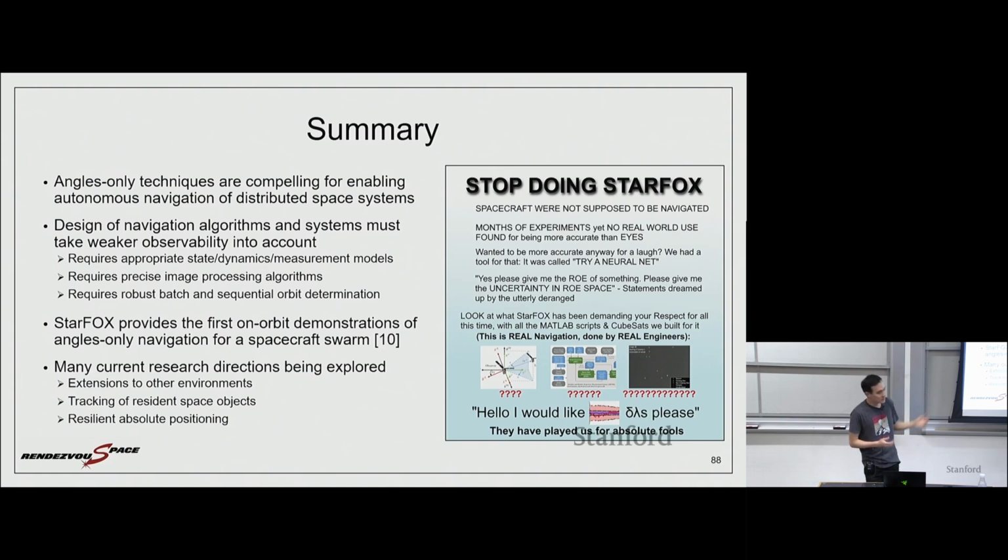Having said that, Starfox has provided a lot of the first demos of this acting in more general scenarios. And there are many current research directions being explored, extending this to cislunar environments, tracking not just the swarm but resident space objects, as well as, as I talked about a little bit earlier, using visible passing satellites and catalog objects to try and do better positioning of the observer spacecraft.